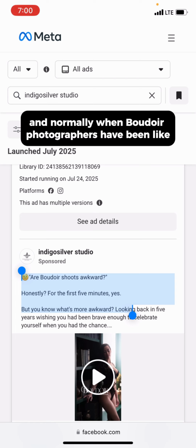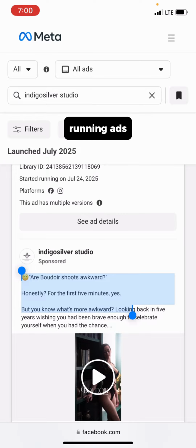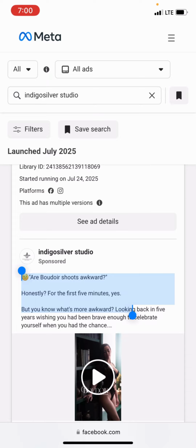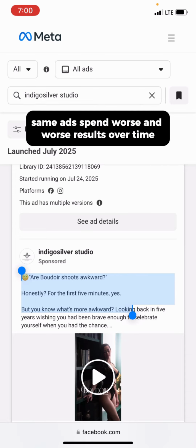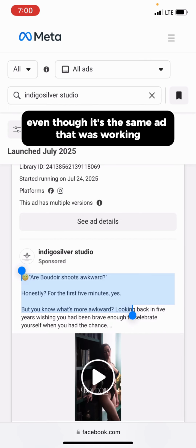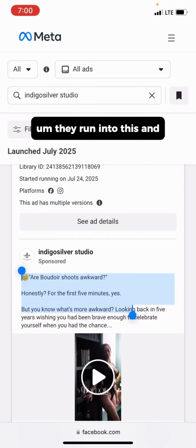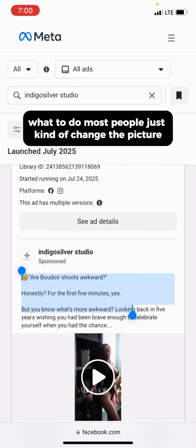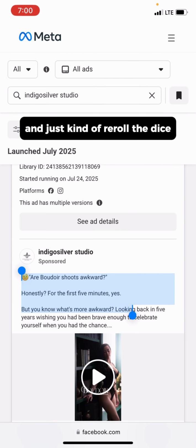And normally when Boudoir photographers have been running Boudoir Facebook ads for a long time, they run into this thing of same ad spend, worse and worse results over time, fewer bookings, fewer sales, even though it's the same ad that was working. And they're feeling kind of desperate. They don't know what's causing it or what to do. Most people just change the picture and re-roll the dice.